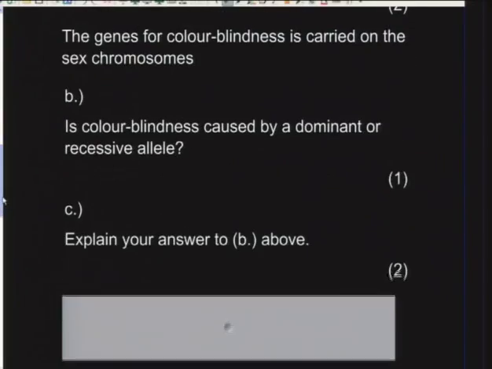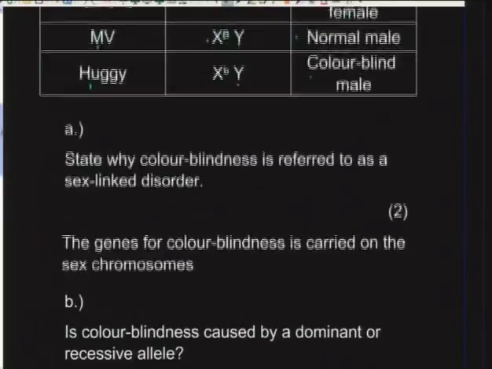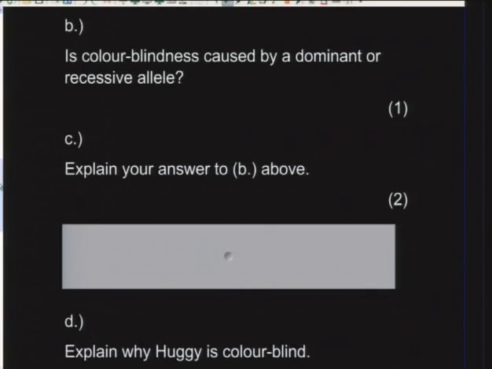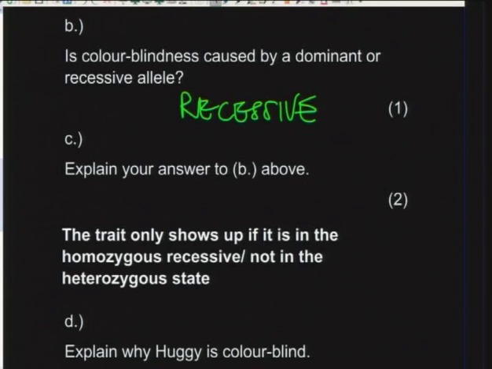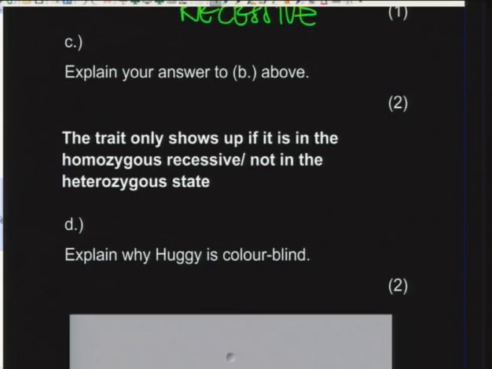So is it caused by a dominant or recessive allele? From our table, it has to be recessive. Explain your answer above. The trait only shows up if it is in the homozygous recessive condition, not in the heterozygous.